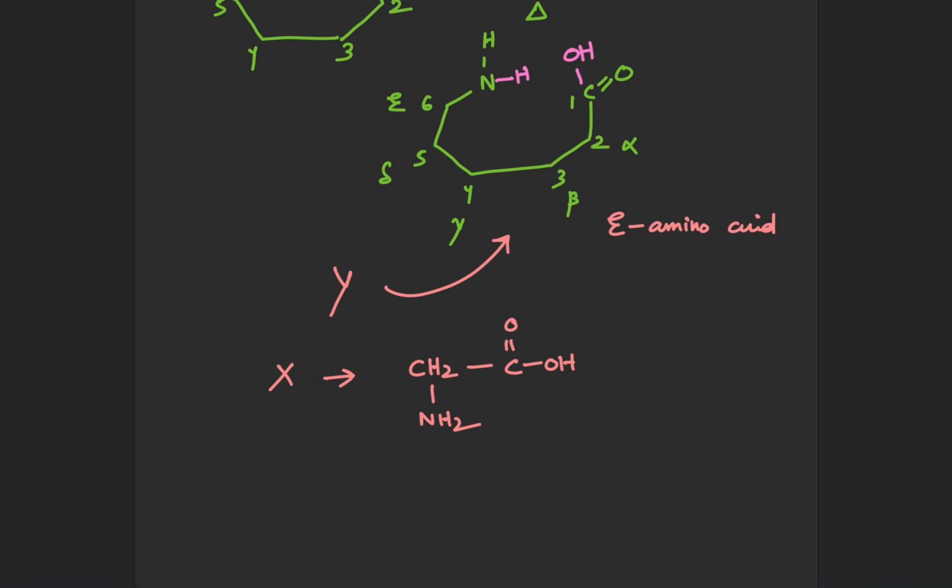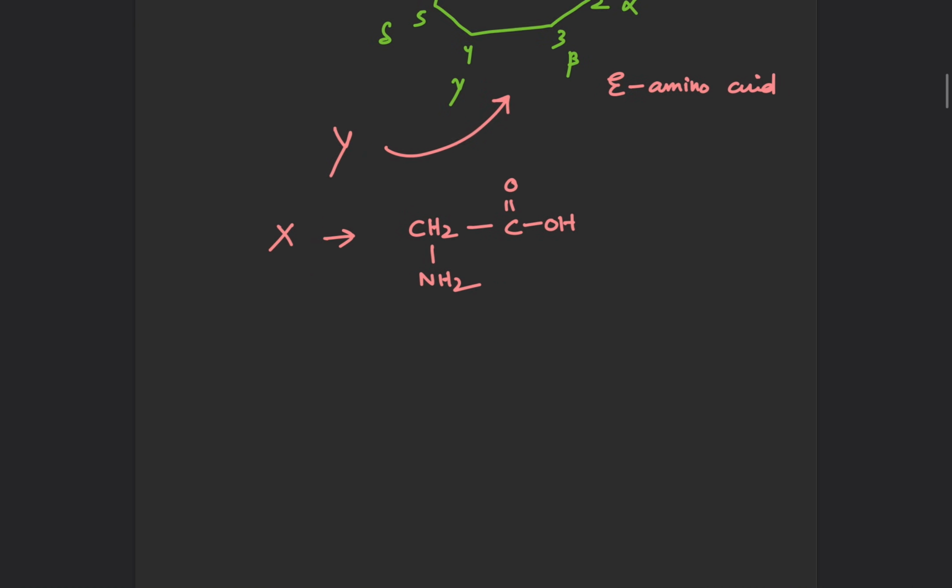Okay, so initially X and Y undergo condensation with loss of water to form a dimer. That dimer will combine with one more molecule to form a trimer. That trimer will combine with one more molecule of either X or Y to form a tetramer, and it goes on, and ultimately we get a very large molecule, which is our polymer. Okay, so I will write that down.